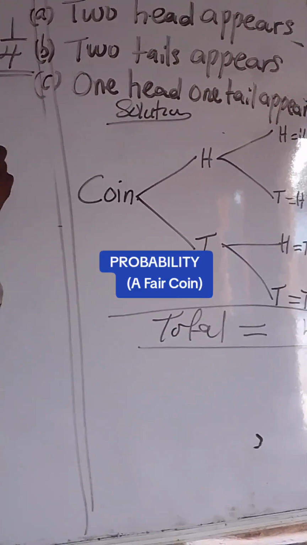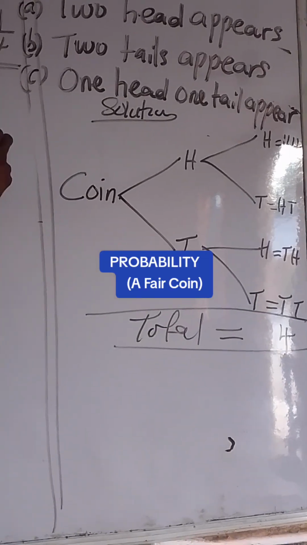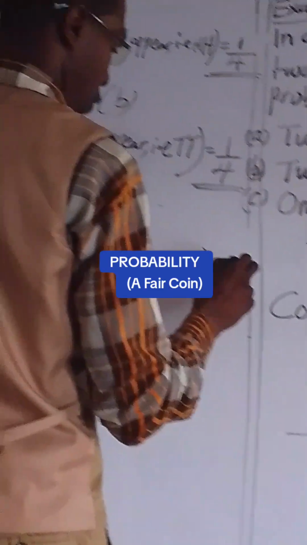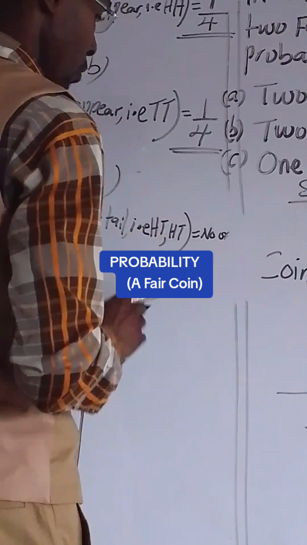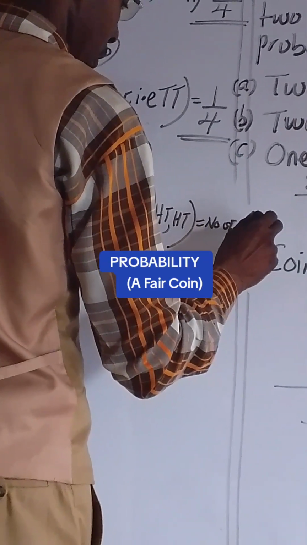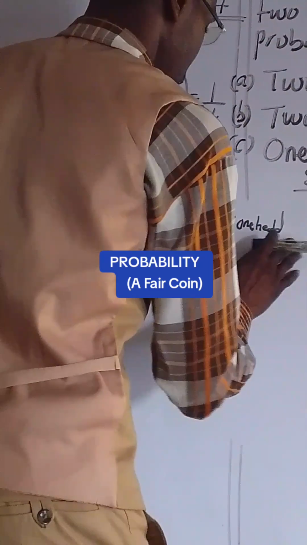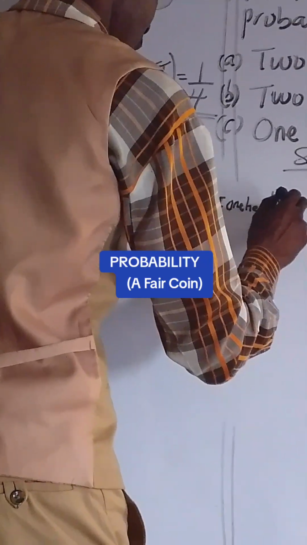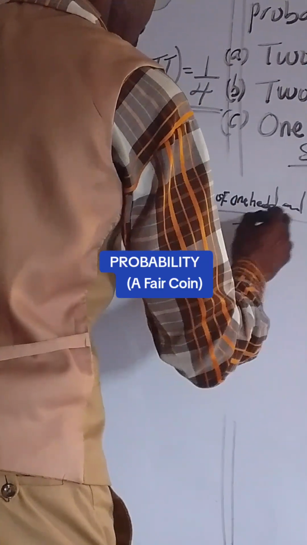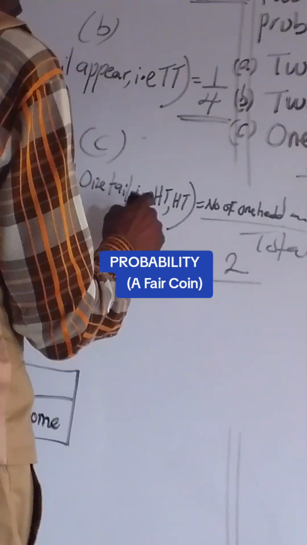So it means we have HT and TH. The number of 1 head and 1 tail outcomes is 2, over the total.